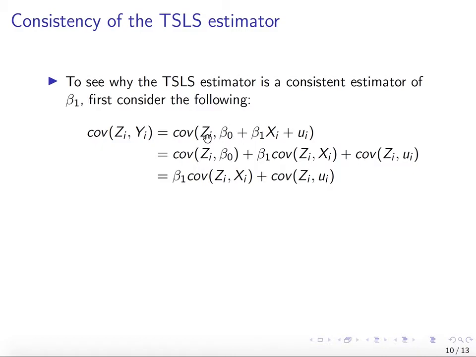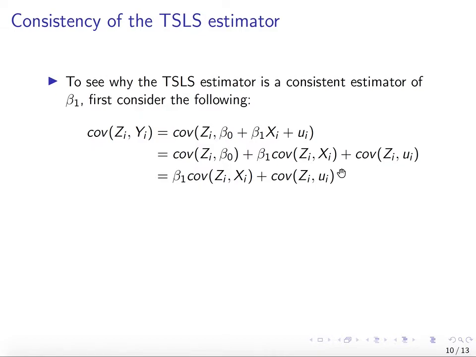Now, the covariance between zi and beta 0 here: beta 0 is a constant, and the covariance of a random variable with a constant is simply 0, so you don't have to care about this. The covariance of zi with xi is here, and the covariance between zi and the error term is here.